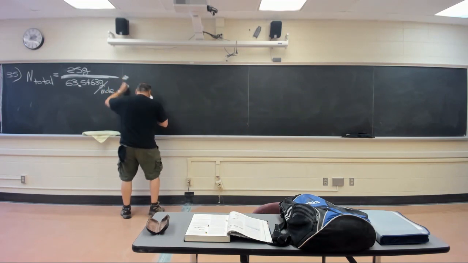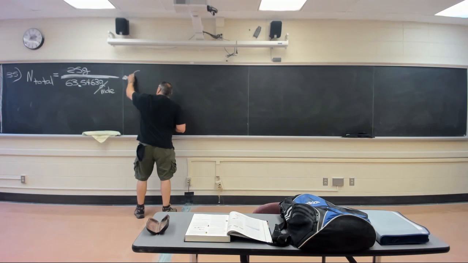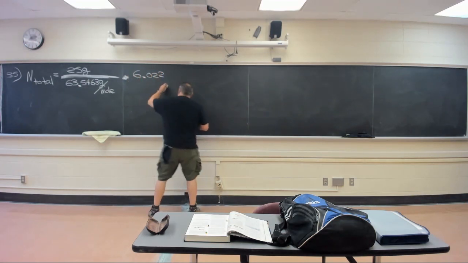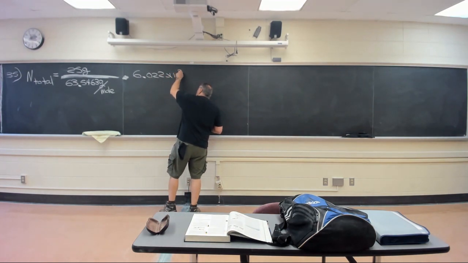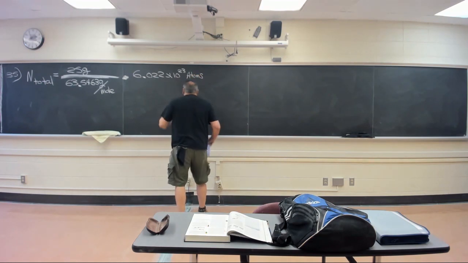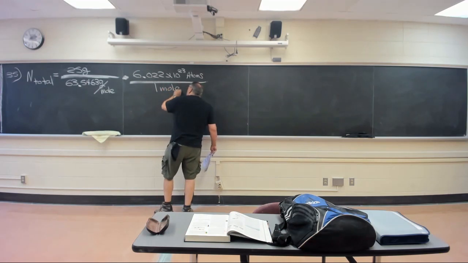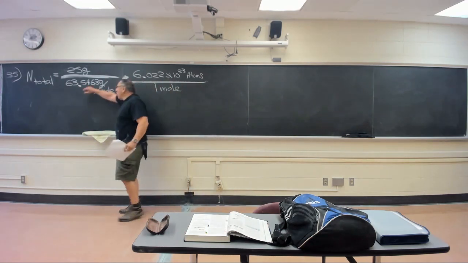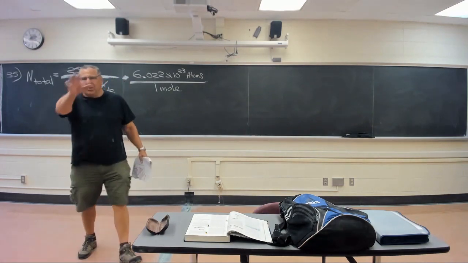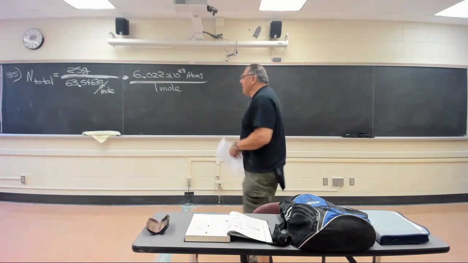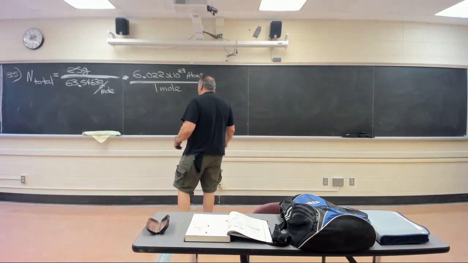Okay, that's fine. Every mole has 6.022 times 10 to the 23rd atoms. That's every 1 mole. That's how many atoms you'd have if this was 1 mole. It's not 1 mole. It's a fraction of that. It's a little more than 2/5 and less than half a mole.